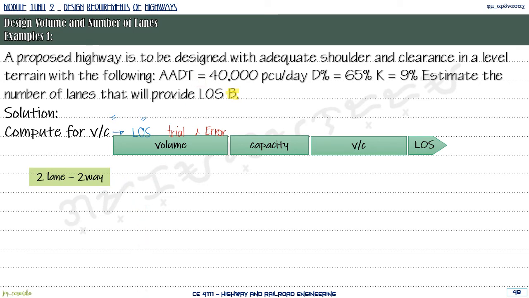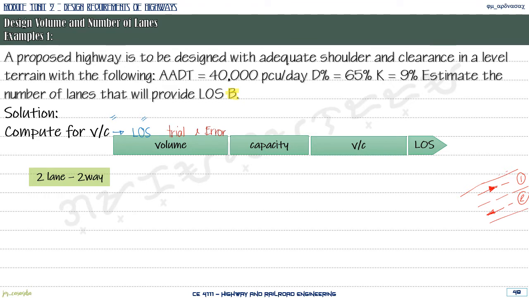So for a 2-lane, 2-way highway, what this means is we have your road. So it's divided into 2 lanes. And our direction is 2. So towards and away. So that's 2-lane, 2-way highway.